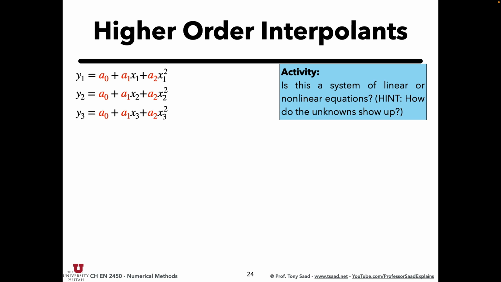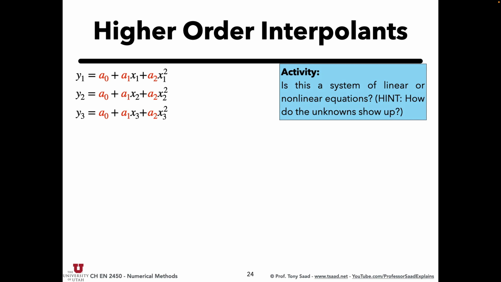That's why when you see an equation or a system of equations, like I mentioned when we talked about nonlinear equations, are these equations linear or nonlinear in a0, a1, and a2? They are linear in a0, a1, and a2. And those are the variables in question that I care about. I don't care about x1, x2, and x3.